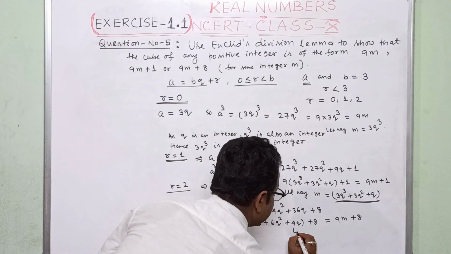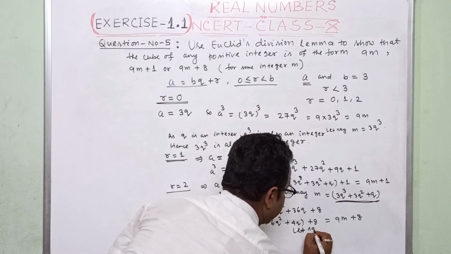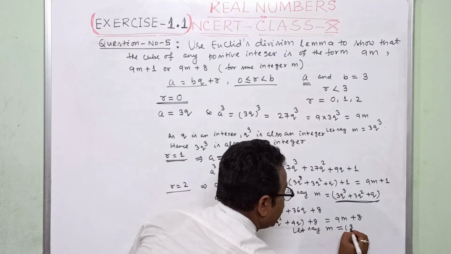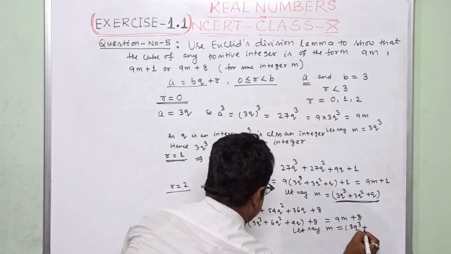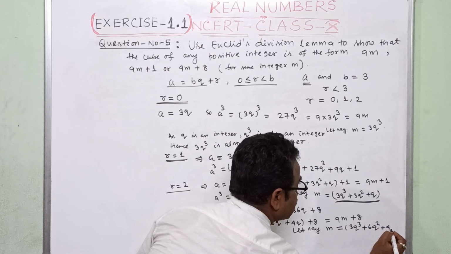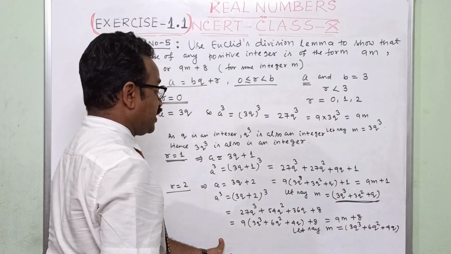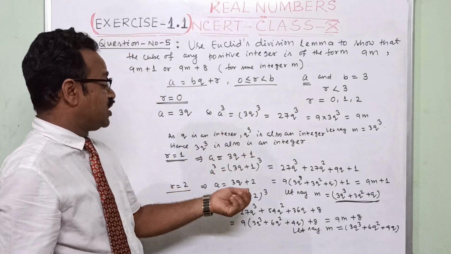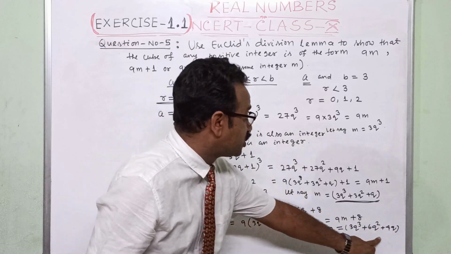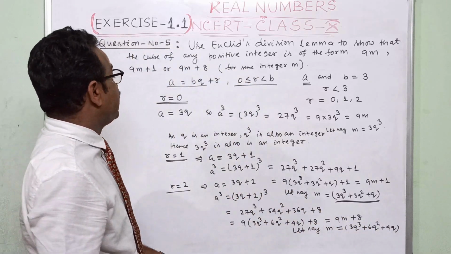Let m be equal to 3q cube plus 6q square plus 4q. Now q is an integer, so the entire expression is an integer.